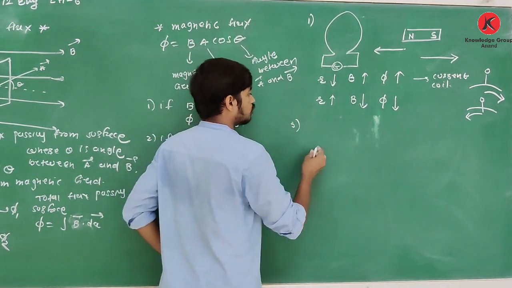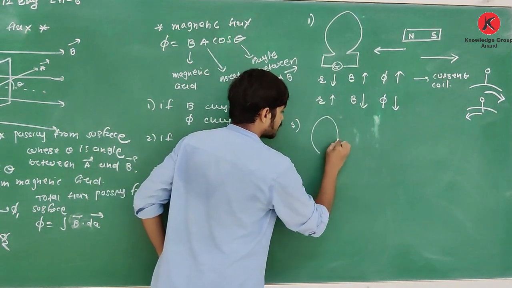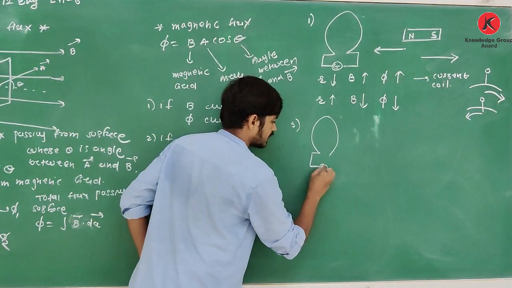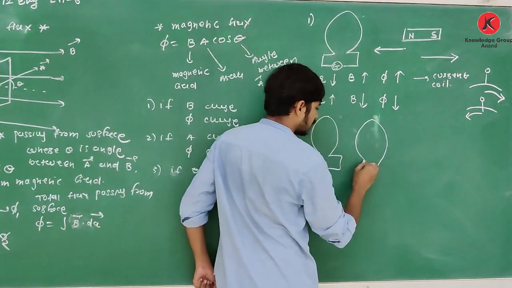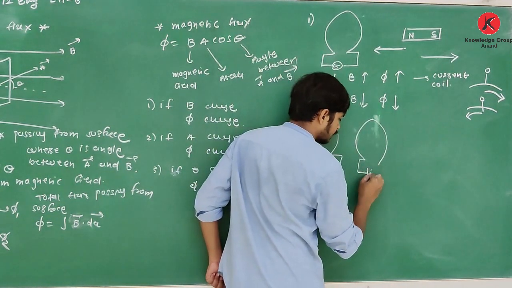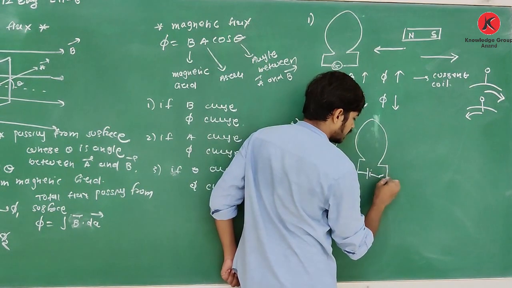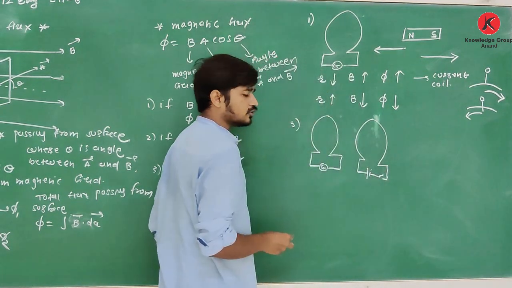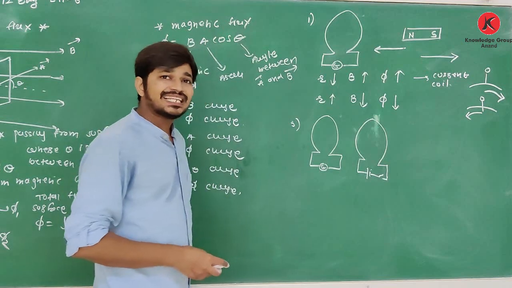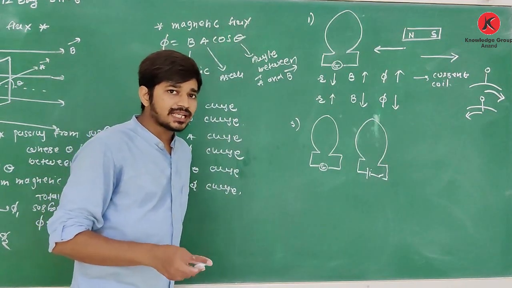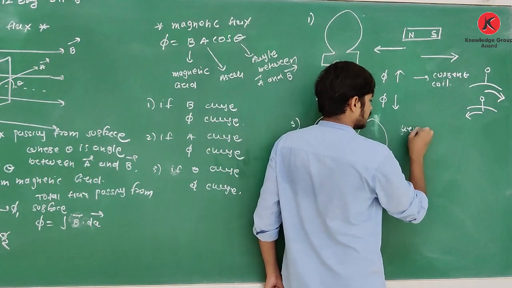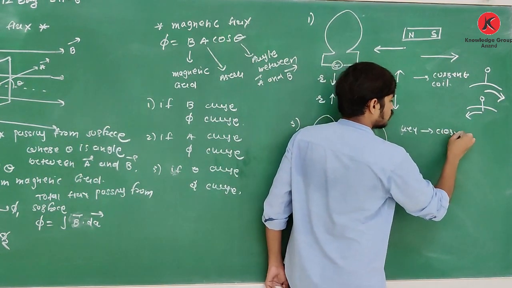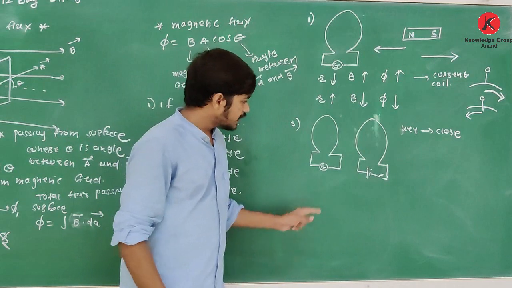What is the third experiment? If this is one coil connected with a galvanometer, and this is another coil connected with a battery and a key. At the instant when we close the key, what happens?